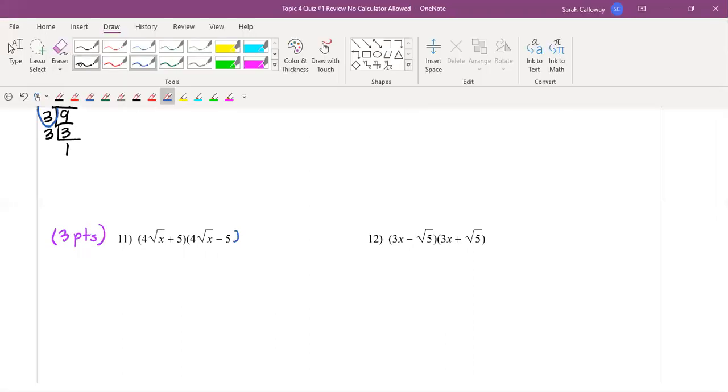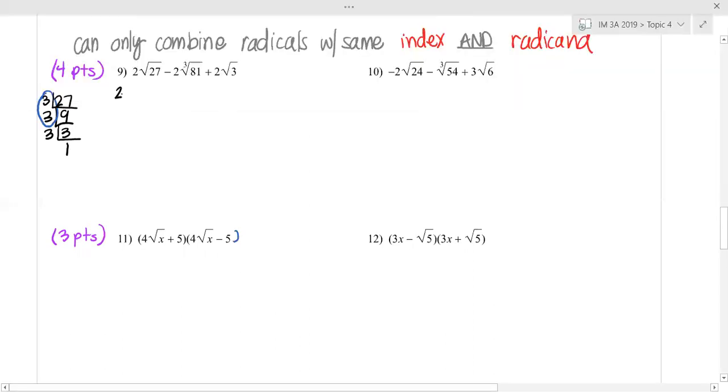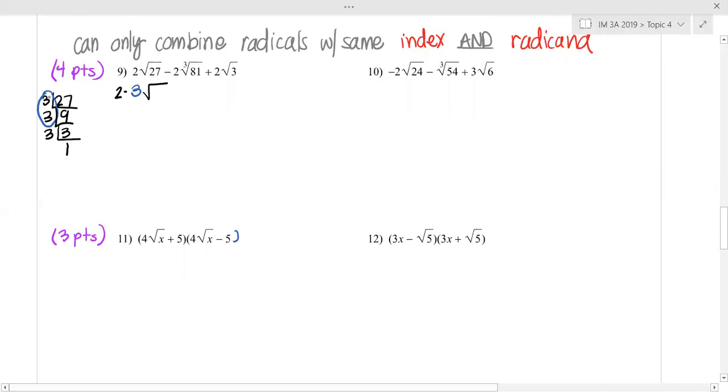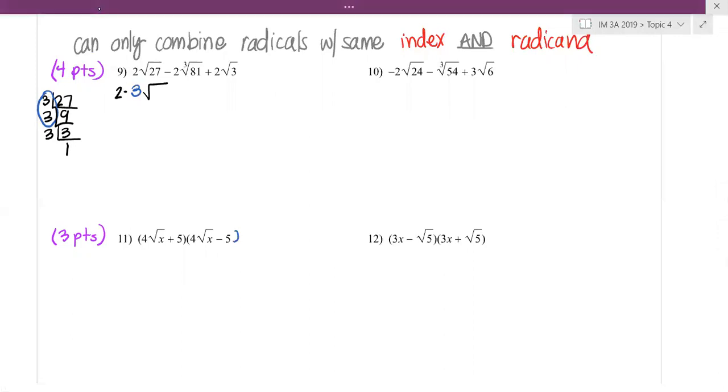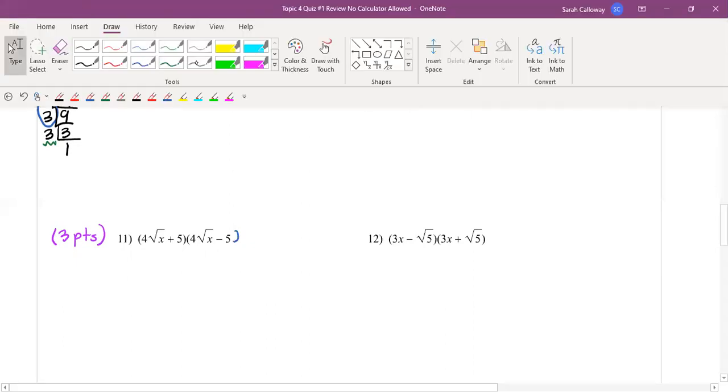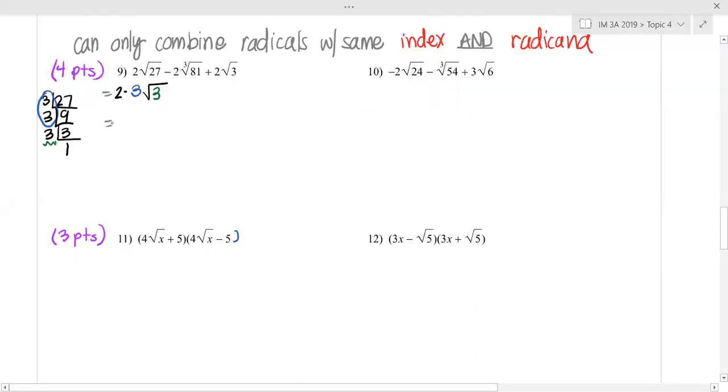And so my coefficient is already a 2, so I'm going to multiply that 2 by a 3 because I have a pair of 3's that can leave the radical. And then I have an extra 3 that was left over that's going to stay inside the radical. So instead of having 2 radical 27, I want to think about that as 2 times 3, which is 6, radical 3. Okay, so I simplified that first radical.